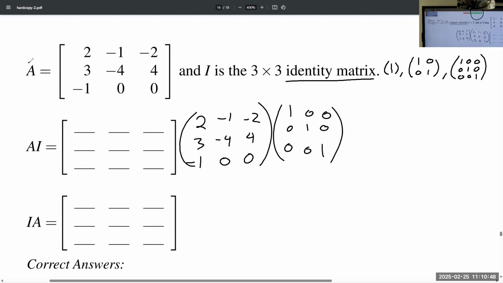It acts just like the number 1 does in our normal arithmetic. So again, notice what will happen. You have 2 times 1, you just get 2, and you get -1 times 0, and -2 times 0, and those just drop off.